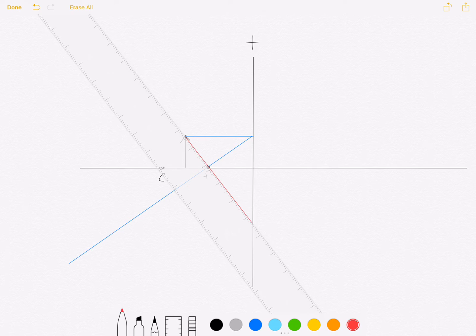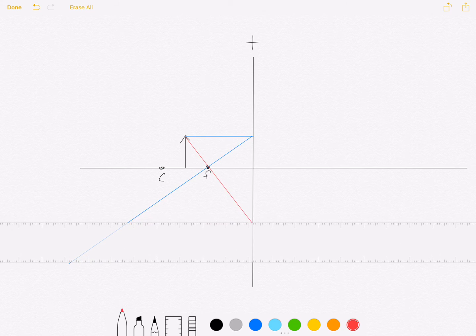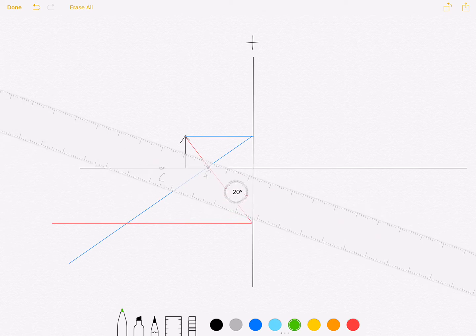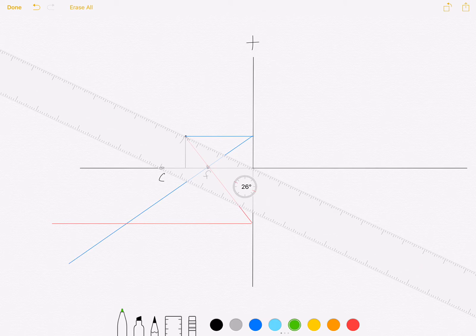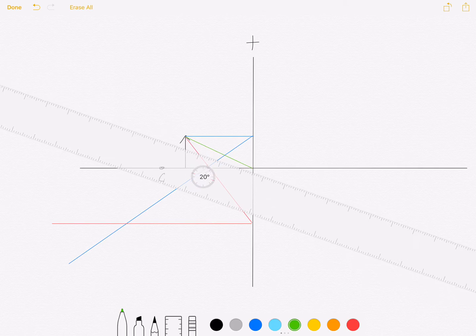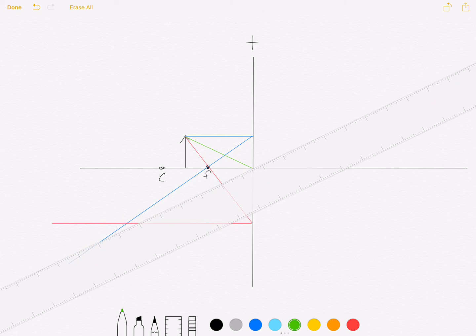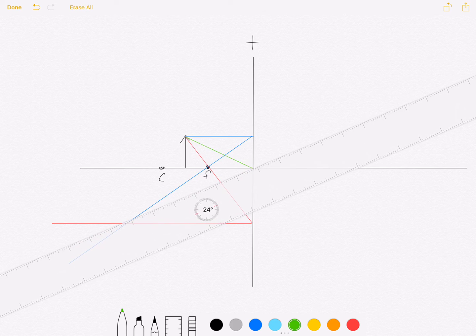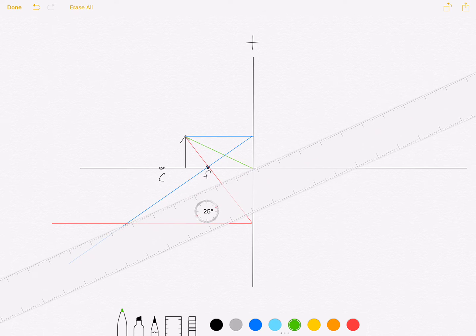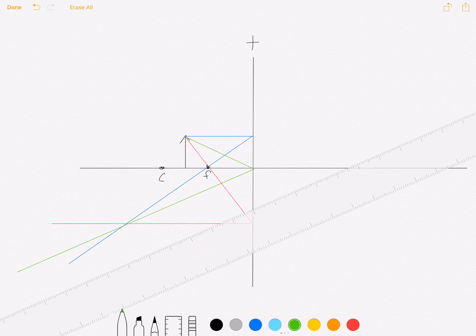So a ray through the focal point will reflect off parallel to the principal axis. And we can see where the intersection is. If you would like to put in your third ray, it's not a bad idea. A ray to the center will reflect off symmetrically. There we go. And now we see where our image forms.